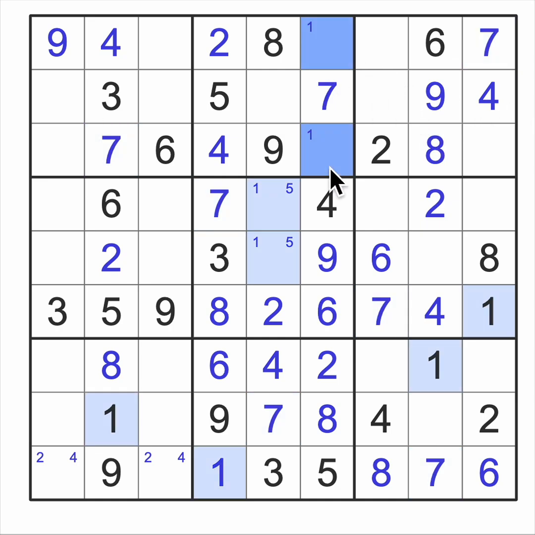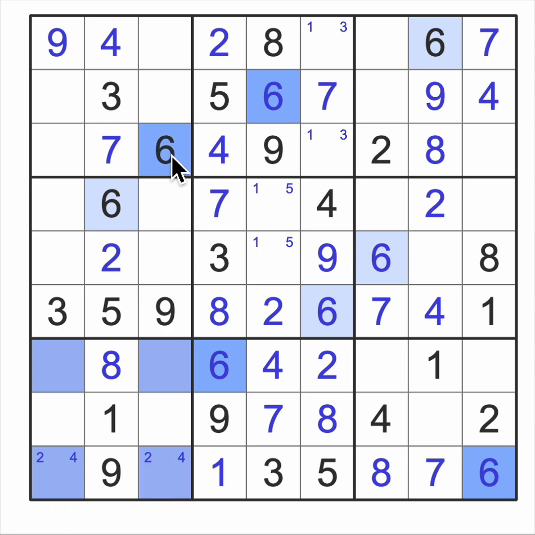This would be 1 and 3. That leaves only 6 for this cell. And I can place 6 in box 7. This 6 and this 6 block these. This 6 blocks this cell.